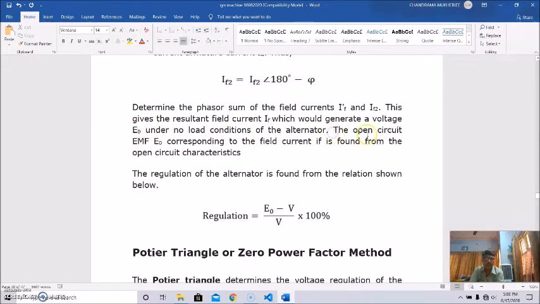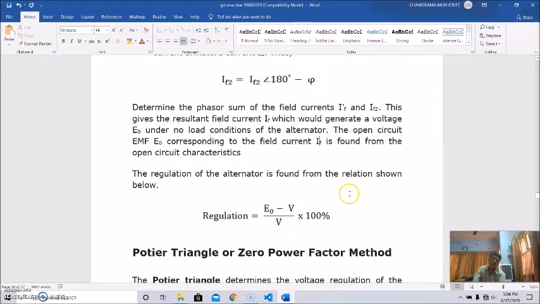The open circuit EMF E0 corresponding to the field current IF is found from the open circuit characteristics.